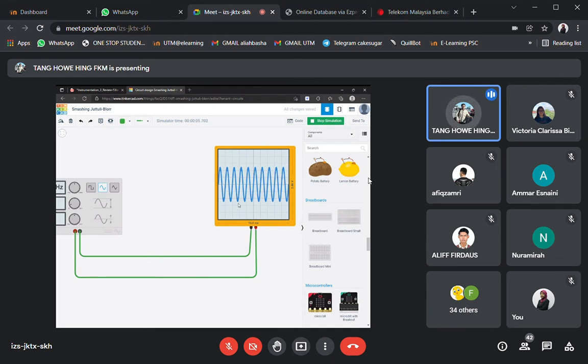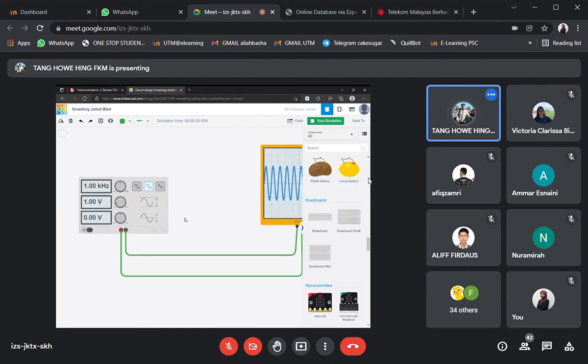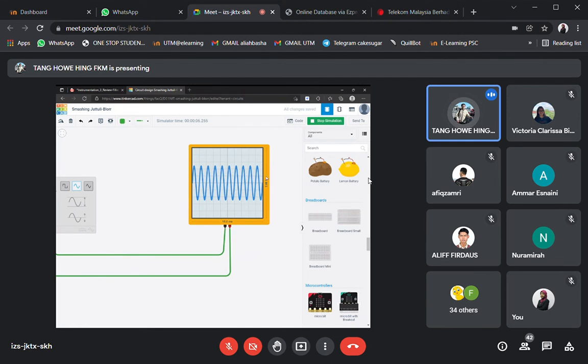As for the amplitude, I am asking it to have 1 volt. The amplitude is actually 1 volt. See that here we have 2 volt. 1, 2, 3, 4, 5, 5 grid is 10. The time only shows you the time, so amplitude wise, the amplitude is 1 volt.